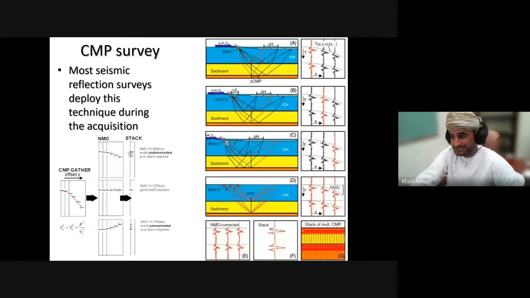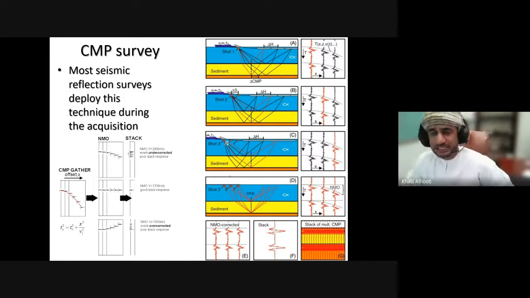When you guess or calculate the true velocity, the traces will line up exactly, and you can sum them together. You can average them to one trace. This is the trace I'm calculating exactly from this subsurface point. So this is the process of CMP survey or normal move-out correction.